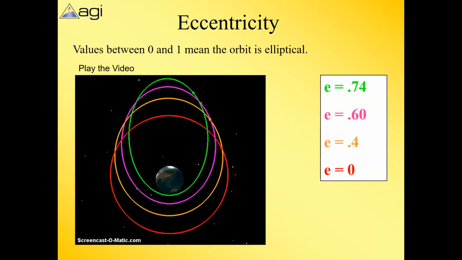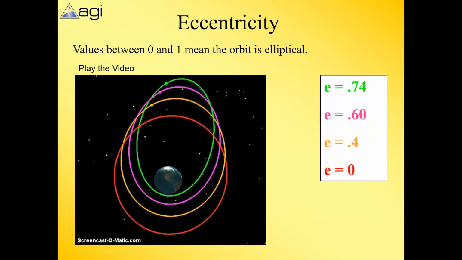So let's look at what the different eccentricities look like. Here we have different colors, and if you look at the numbers on the right, the red corresponds to a circular orbit. And by the way, the Earth is at one of the foci here.